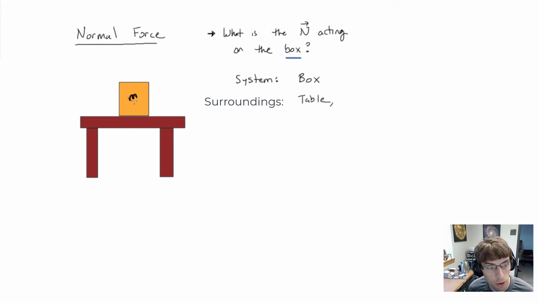So the question is, what object interacts significantly with the box that exerts a gravitational force? And that's the Earth. So we'll go ahead and put Earth down here.